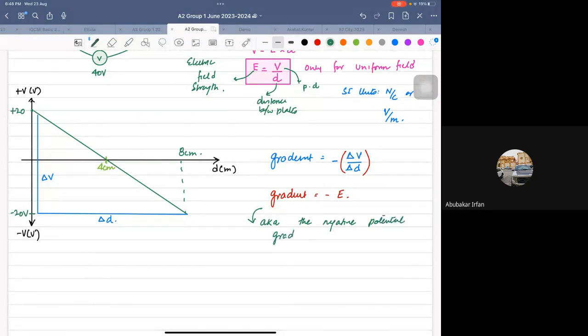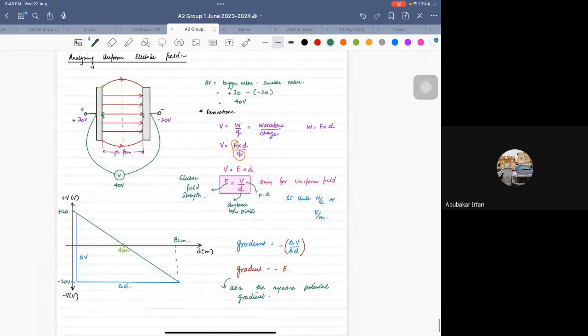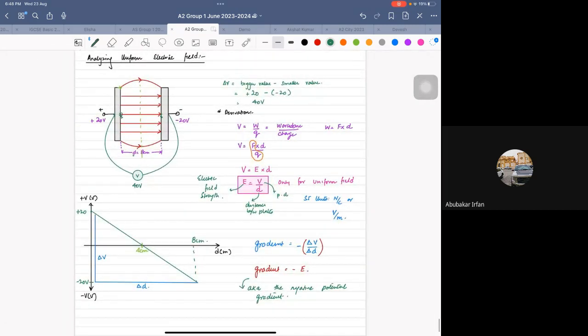It means that whatever is happening in the potential graph, the electric field strength would be the negative gradient of that. Understood? Yes, very good. So now you understand the relationship between them. All right, you can draw this and write that. If you have any question while you're doing this, please let me know.